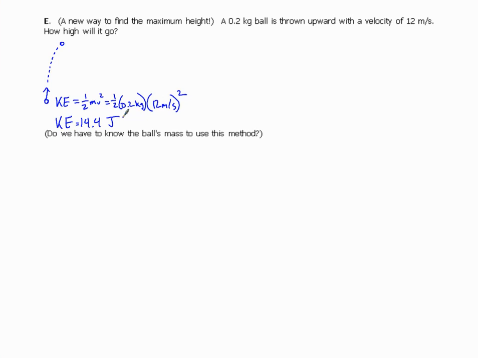At the very top, the instant that its velocity is 0, we know what its potential energy is because the sum of the kinetic energy and the potential energy is a constant. Here, kinetic energy is 14.4 joules, potential energy is 0. At the top, it should be 14.4 joules.